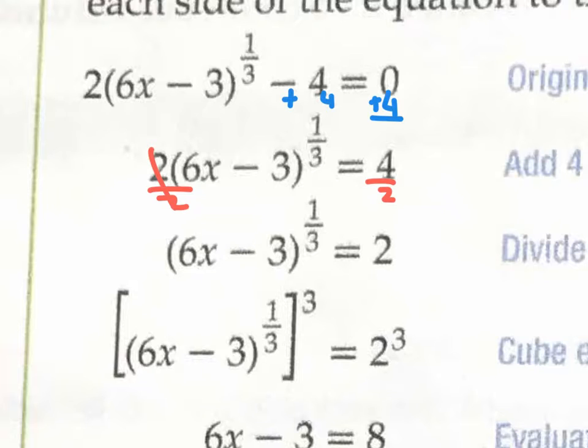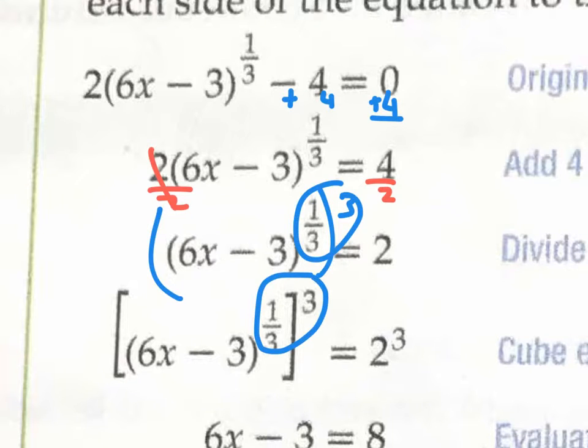And now you want to get rid of the 1/3 power. And how would you do that? Well, remember, a power to a power, you multiply. So 1/3, if you do it to the third power, you're going to multiply the 1/3 times 3. Well, they actually do that right here on the next step. And what you do to one side, you do to the other side. So you go 2 to the third power also.